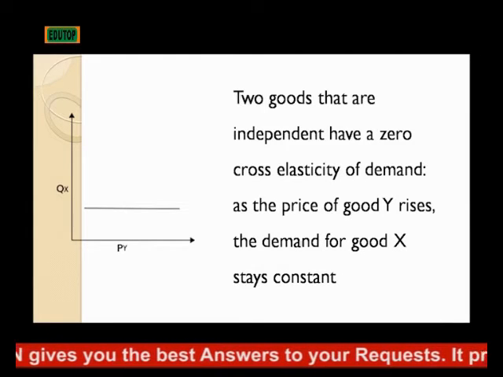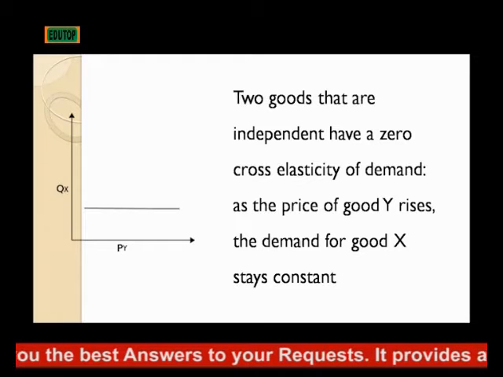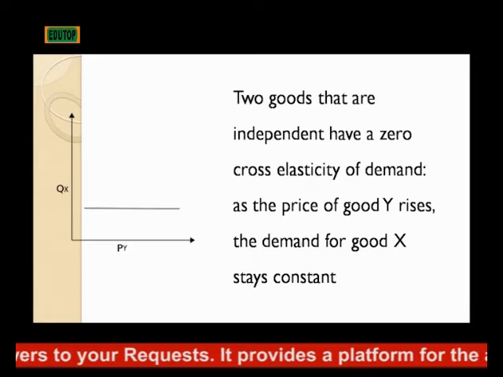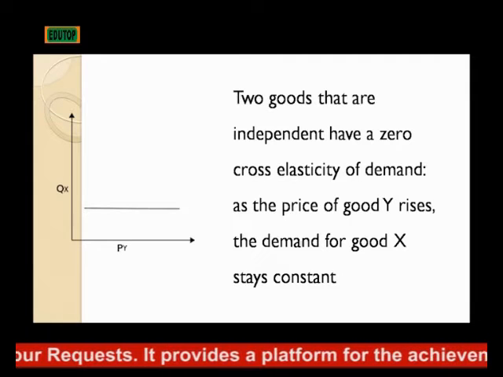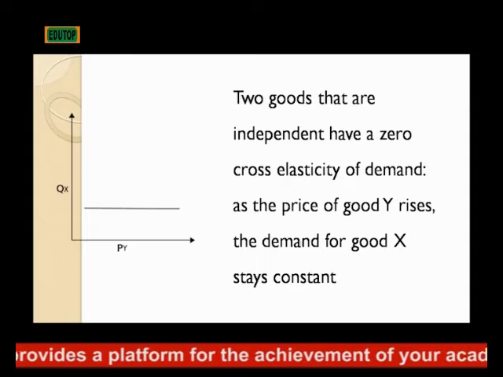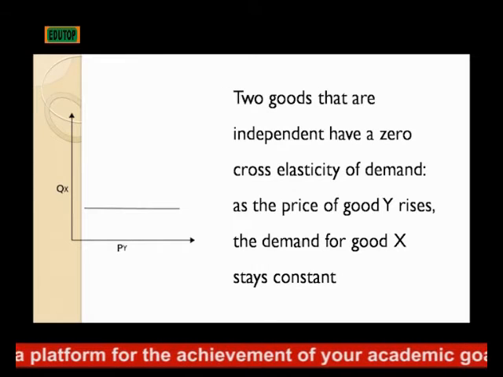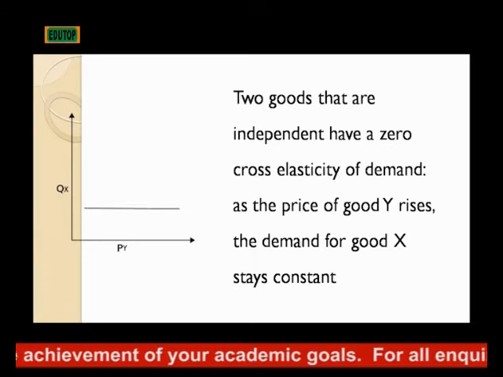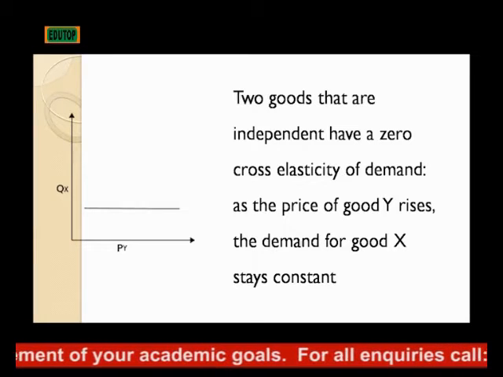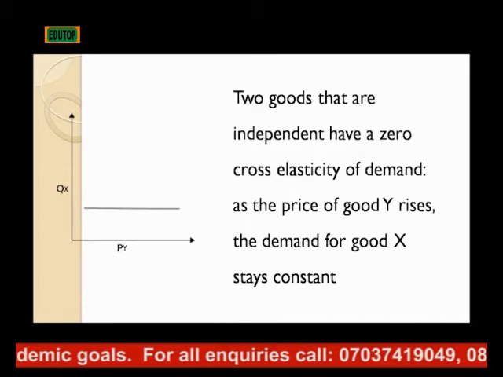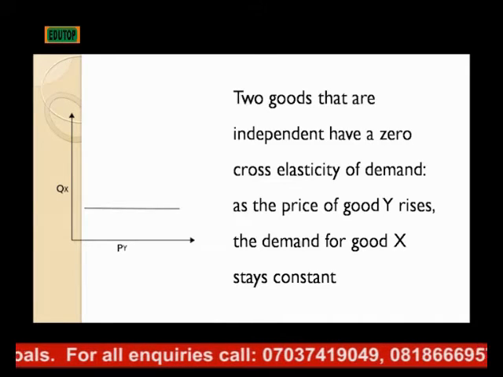Because they are not related, their curve will look just like that of perfectly elastic demand, which is horizontal to the y-axis, which is very clear. And two goods that are independent of each other, we say they have zero cross elasticity of demand.